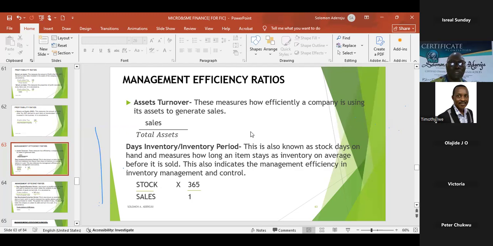That's 4 times. So whenever you hear turnover, it is times. So sales over total assets. Assuming the sales is 400 million, total asset is 100 million, that means the company has generated an asset turnover of 4 times.